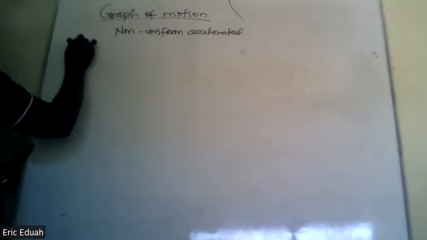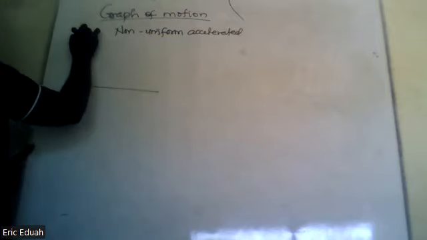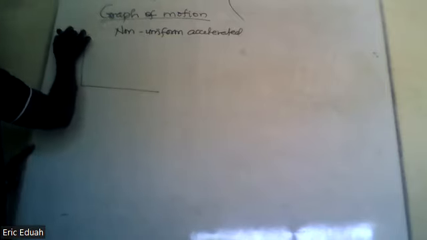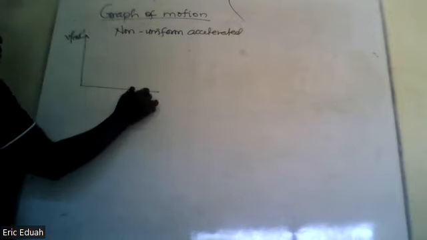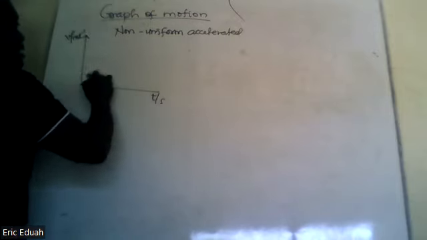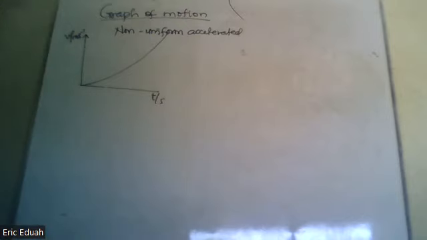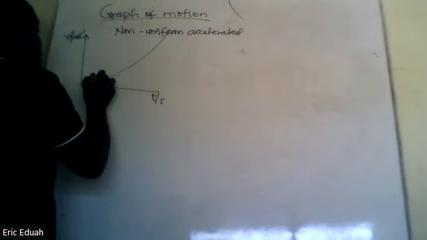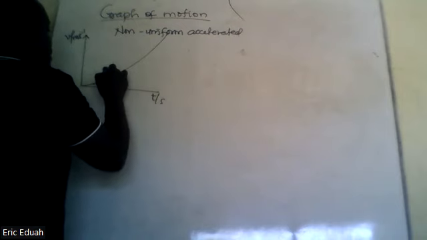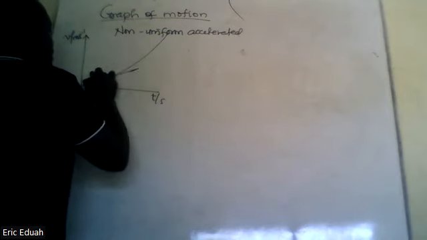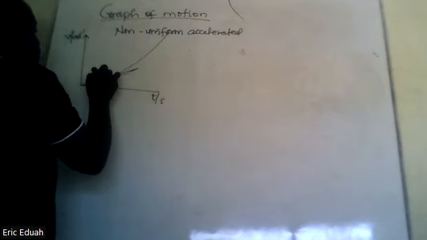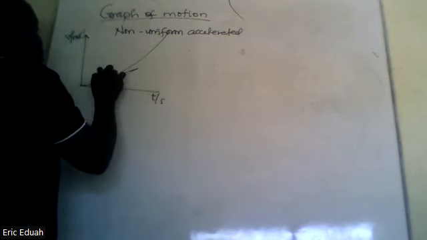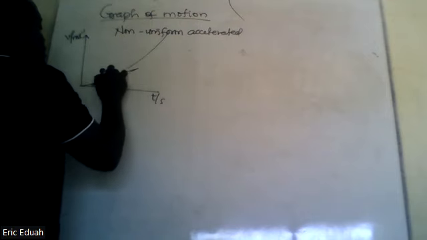So if you have this velocity time graph, and it's like this, you can only determine it within a certain time interval.